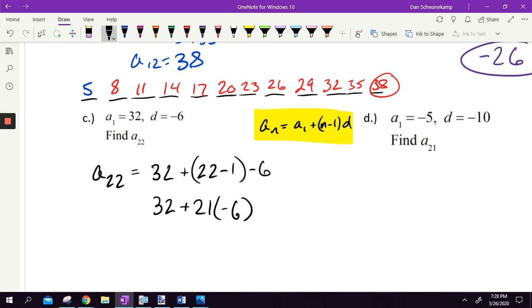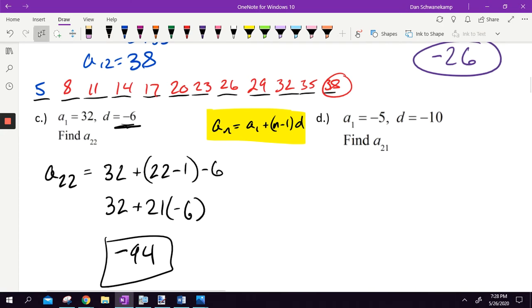And we're just going to plug that into my calculator because I don't want to do it in my brain. 32 plus 21, parentheses, negative 6, boom. Negative 94 would be the 22nd term. And it should make sense that it's negative because I'm subtracting 6 each time. It's going to keep going down and down and down. And I'm doing 22 terms, so I'm skipping quite far ahead.